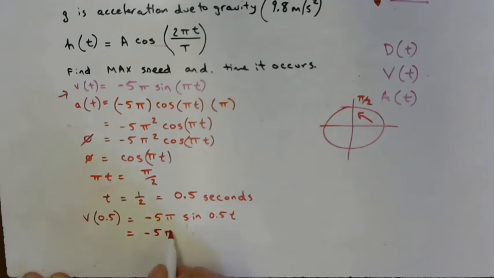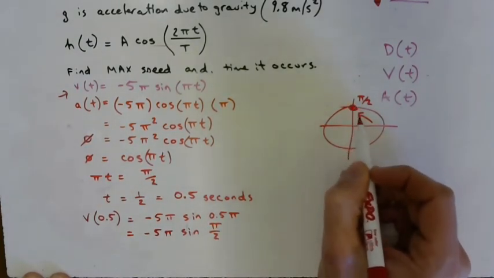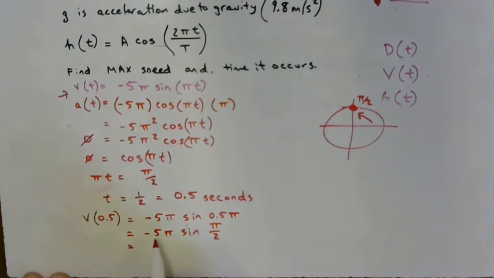If we reduce this, this isn't 0.5 t, this is 0.5 pi, because it was pi t or t pi. 0.5 pi is pi over 2. The sine of pi over 2 is 1. So we have negative 5 pi times 1, which is just negative 5 pi, which is approximately negative 15.7.